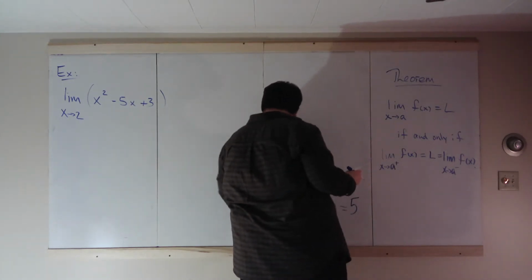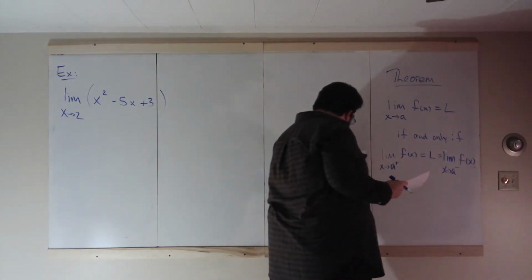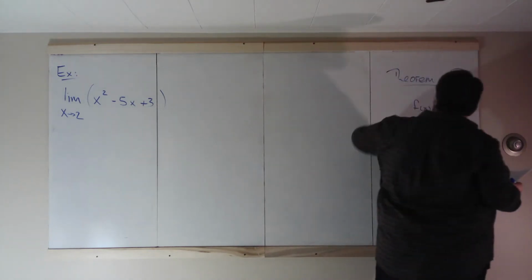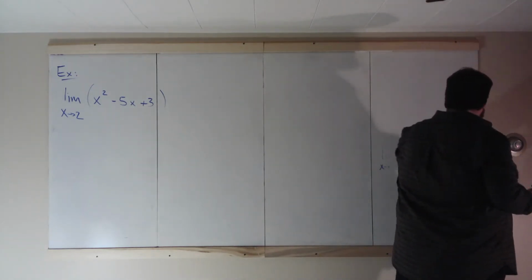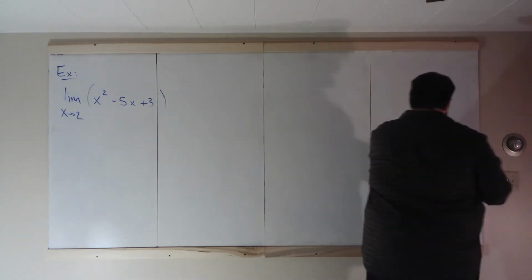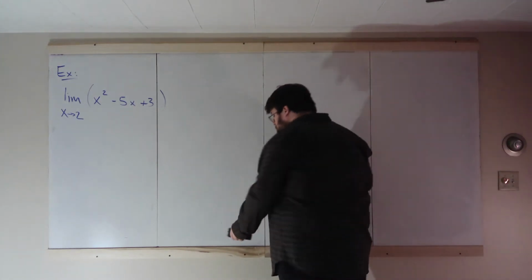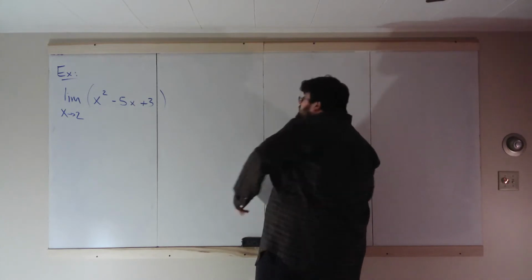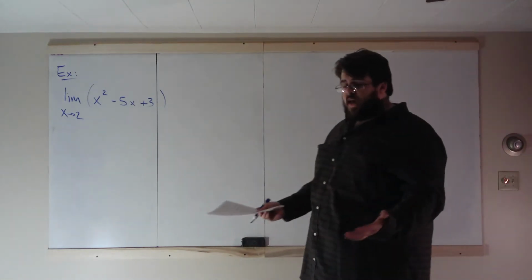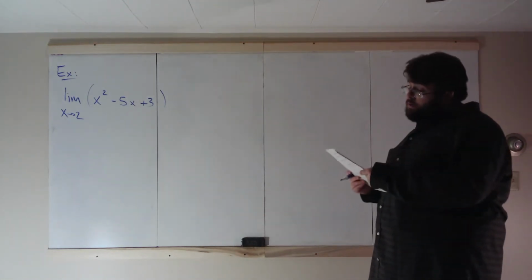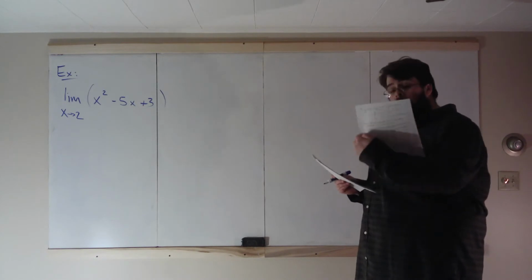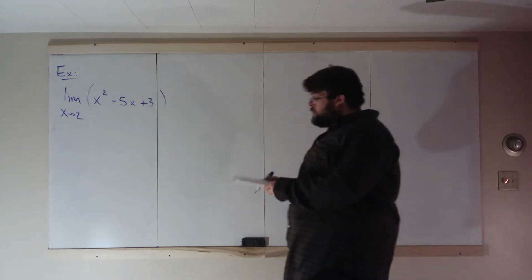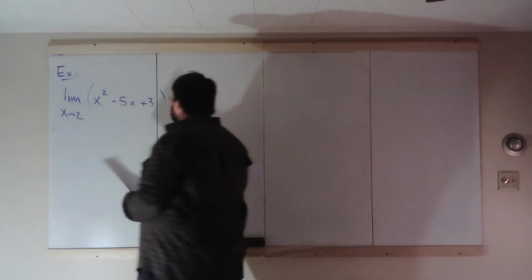This function consists of 3 things added together. And one of them is added with a negative sign, but it's still added. If we have 3 things added together, we can use rule 3 to smash it apart into 3 limits.